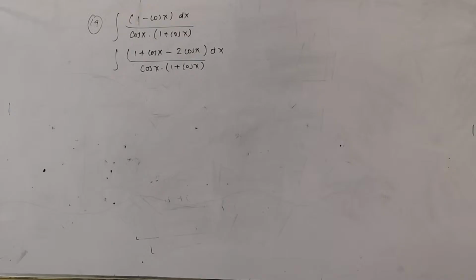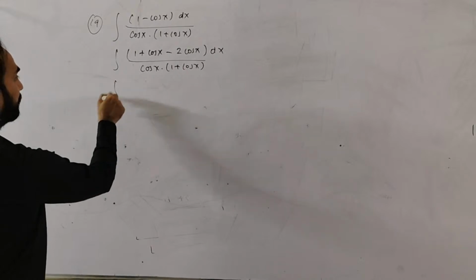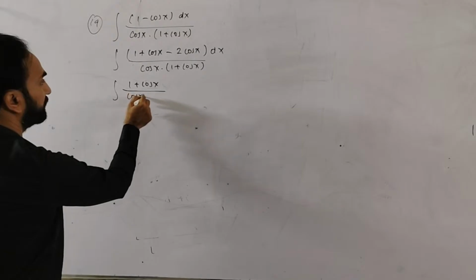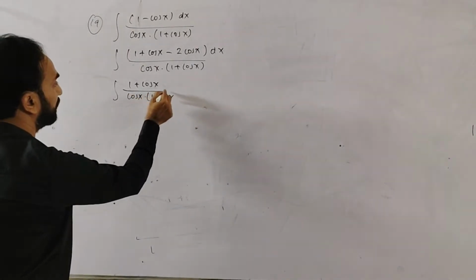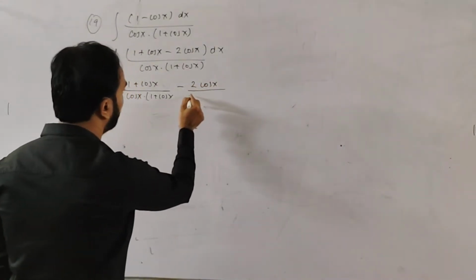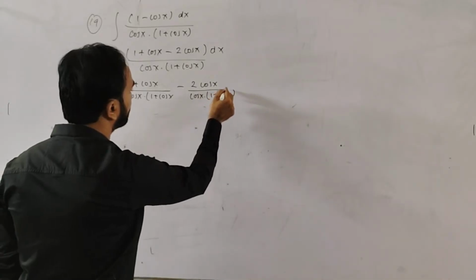The benefit I will get from here is that I can make the separation: 1 plus cos x divided by cos x into 1 plus cos x, and minus 2 cos x divided by cos x into 1 plus cos x.